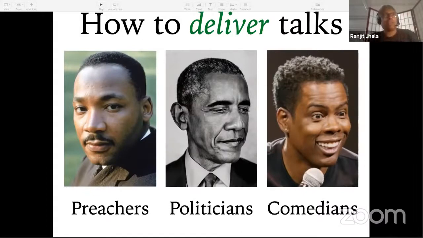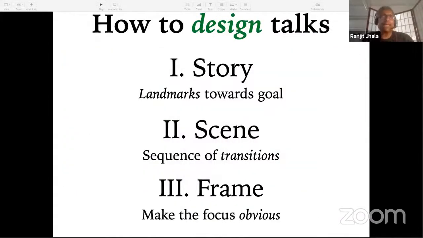So if you get nothing else out of this, 1, you should look at one slide at a time, and 2, try and listen to some other great speakers to learn how to deliver talks, right? So that's it. That's all I'm going to say. This is my general recipe for how to design talks. Let me repeat. First, find your goal and develop your story as a sequence, as a set of landmarks that incrementally build up to the goal.